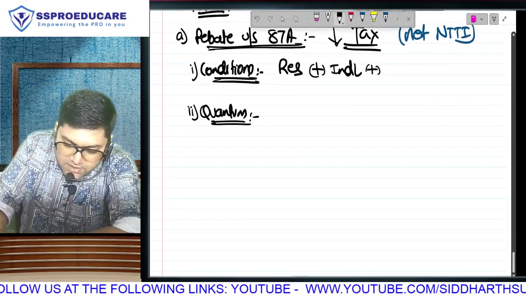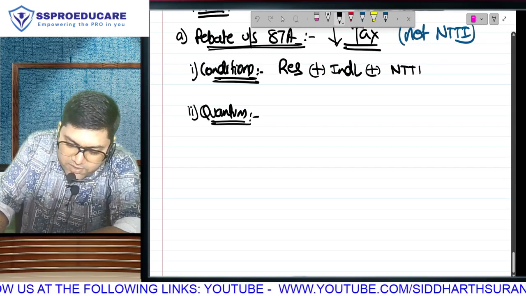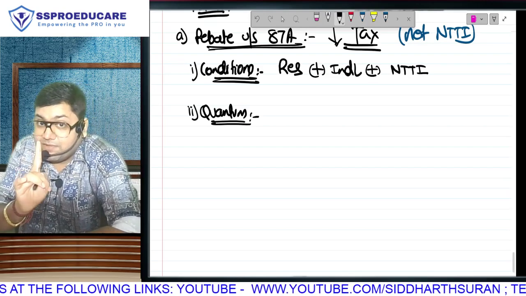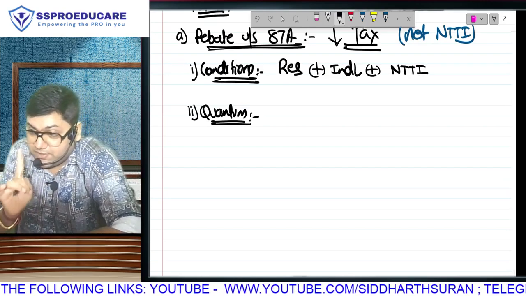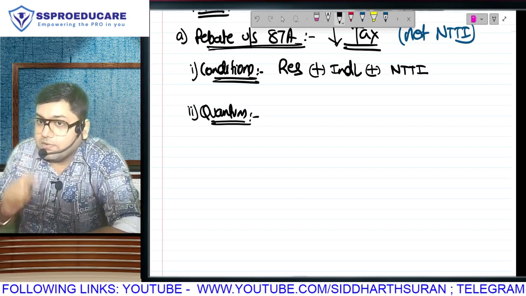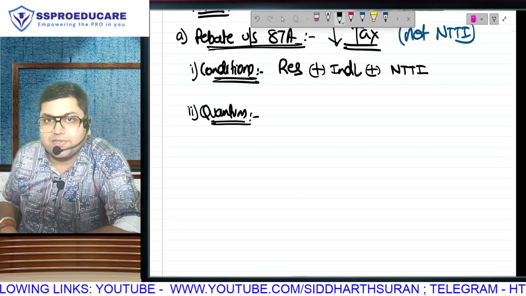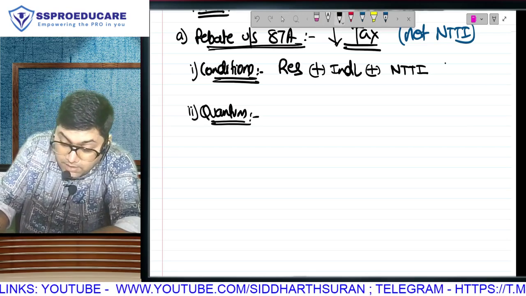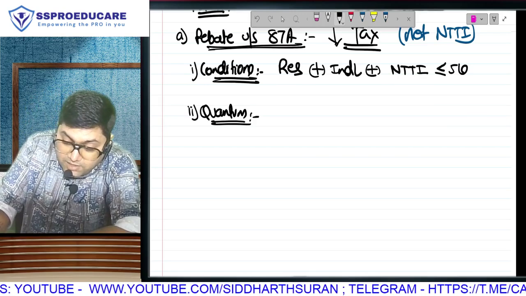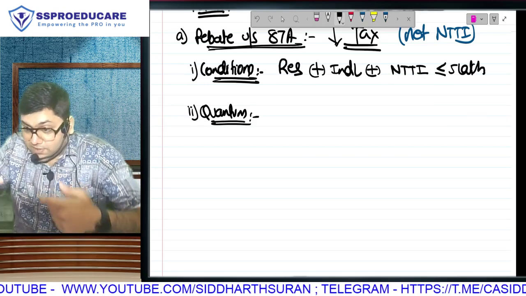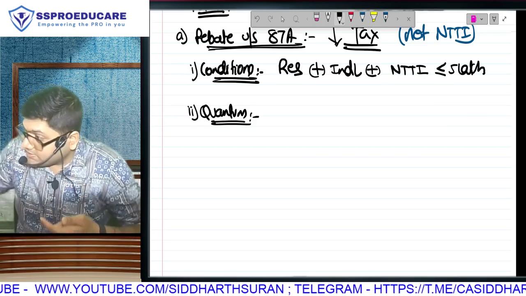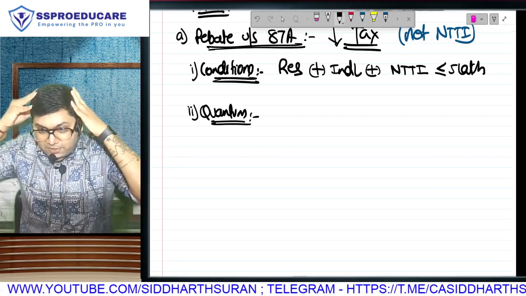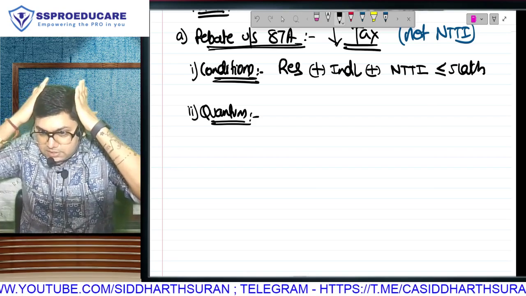And third, only and only if your net taxable total income, be very, very careful because here there is a probability of going wrong. Only and only if your NTTI, that is your net taxable total income, is... if you speak wrong things and continuously repeat them, in your subconscious mind you will say wrong things.